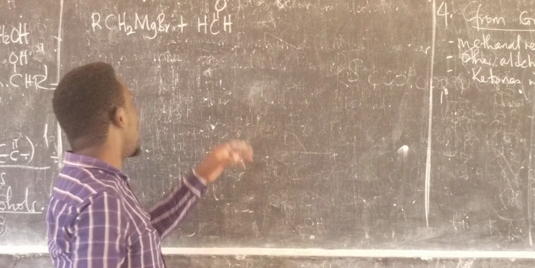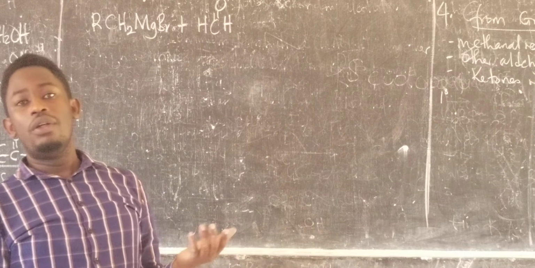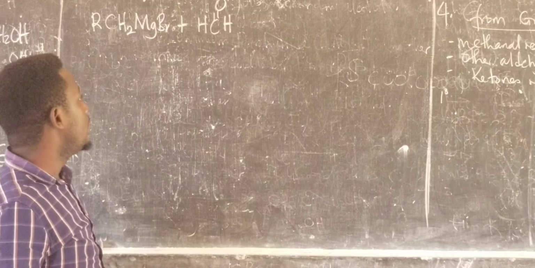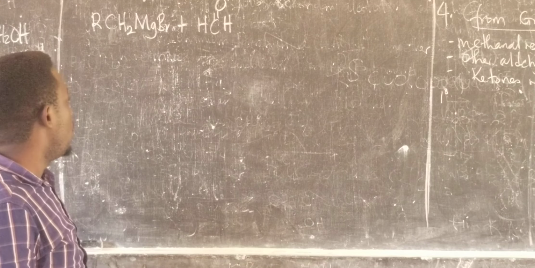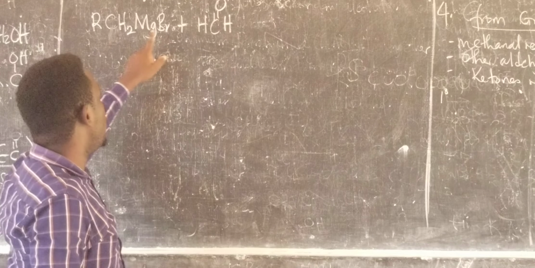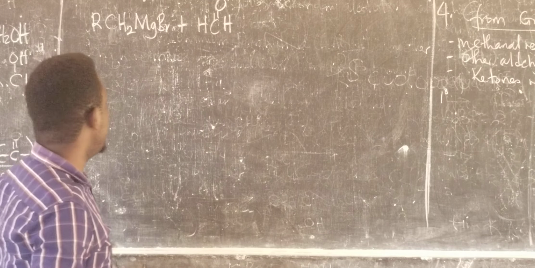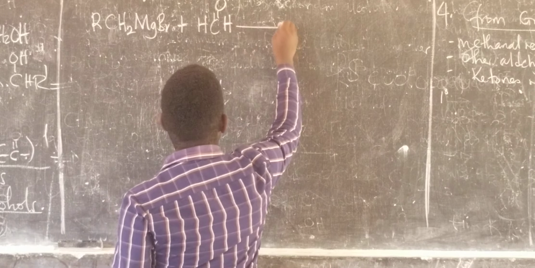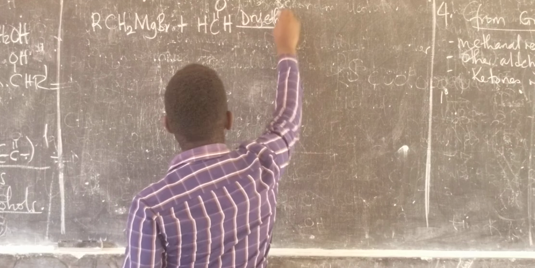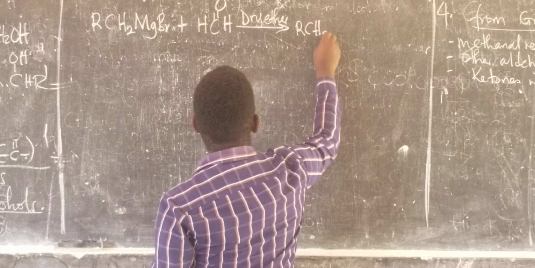If you want a Grignard reagent to change into a primary alcohol, then the carbonyl compound we're going to use is methanal. Whereby this carbon oxygen bond will open up, losing the double bond, in presence of dry ether.